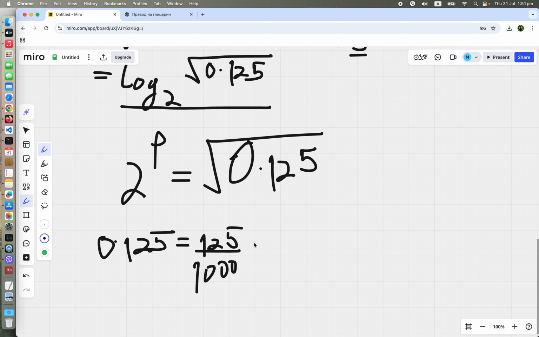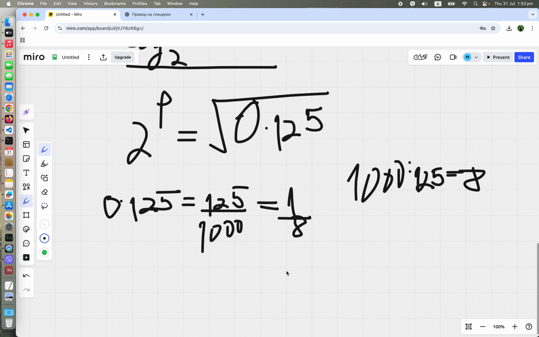Now we can notice that 1000 is divisible by 125 and we got 8. So that means this is gonna be 1 over 8.